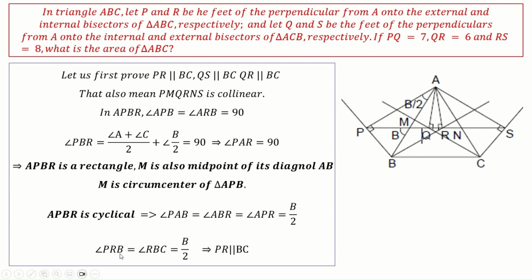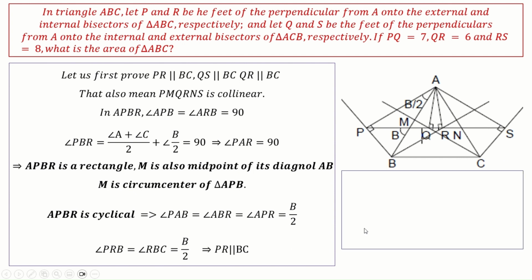So angle PRB equals angle RBC, and RBC is also B by 2. That means PR is parallel to BC, correct? Because if this angle here is equal to this angle, these two lines are parallel and this is the transversal, with alternate angles equal.